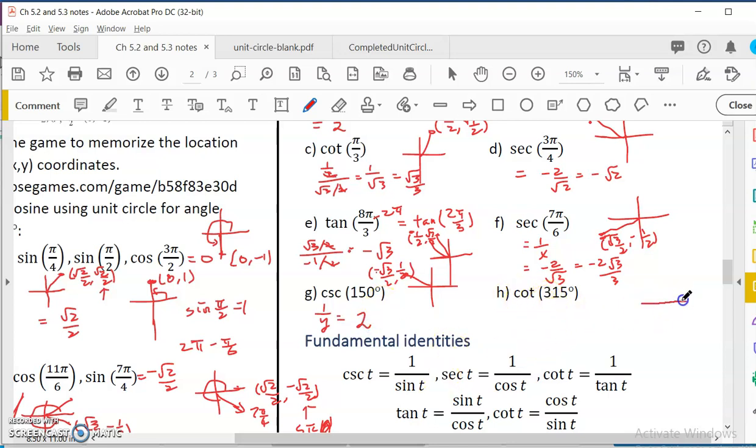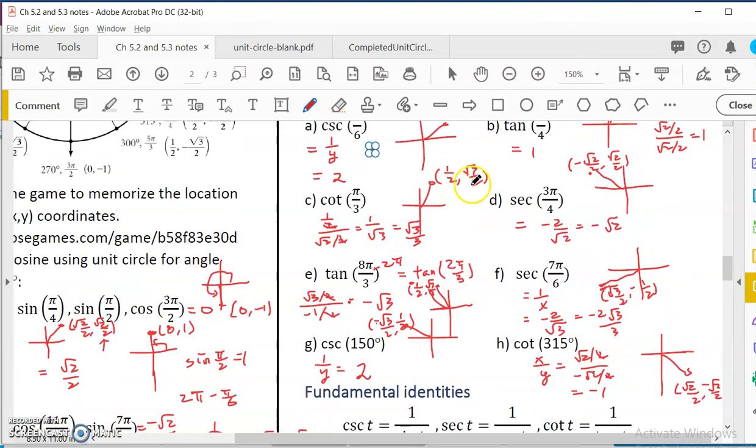Cotangent of 315. Remember where 315 is, here. Right, because it's 360 minus 45. And this coordinate is root 2 over 2 and then negative root 2 over 2. Cotangent is x over y. X is root 2 over 2. Y is negative root 2 over 2. So that's equal to negative 1.